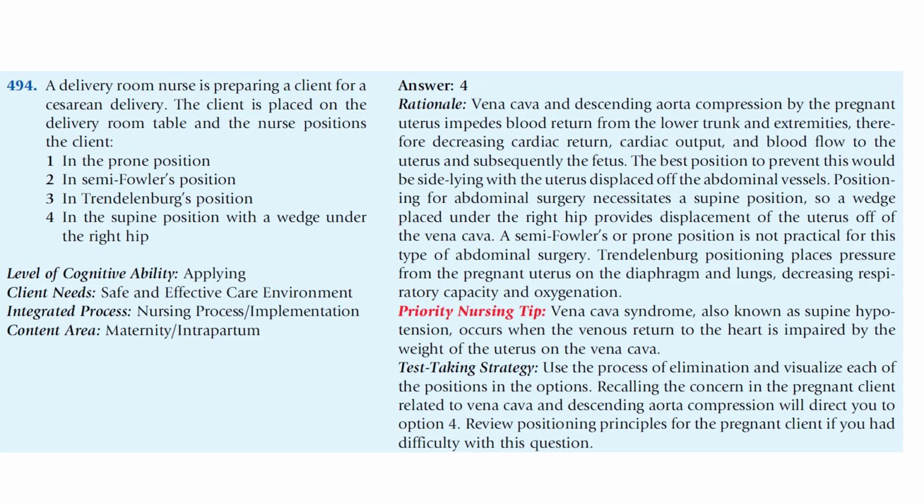Positioning for abdominal surgery necessitates a supine position, so a wedge placed under the right hip provides displacement of the uterus off of the vena cava. A semi-Fowler's or prone position is not practical for this type of abdominal surgery. Trendelenburg positioning places pressure from the pregnant uterus on the diaphragm and lungs, decreasing respiratory capacity and oxygenation.